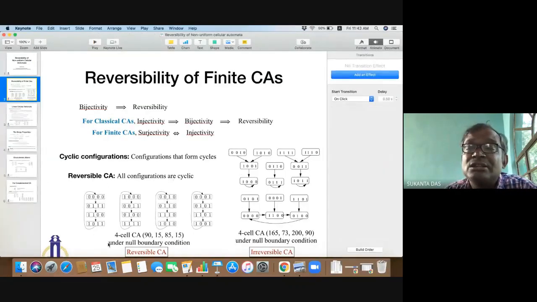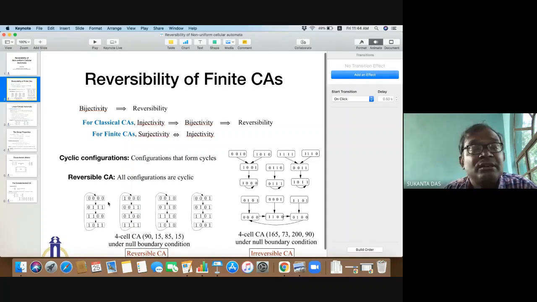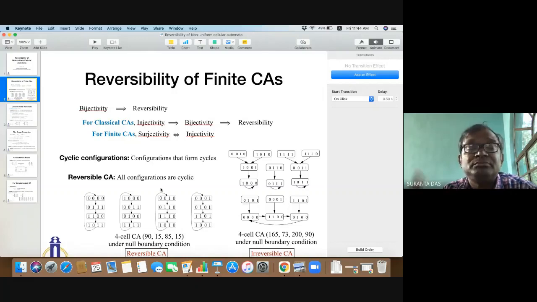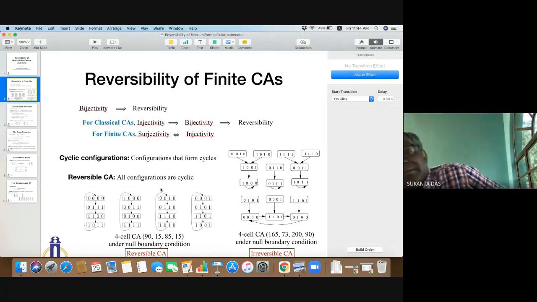You can see here, in the 4-cell CA 90, 15, 85, 15, all the configurations are cyclic here. It is true for all reversible CA, right?